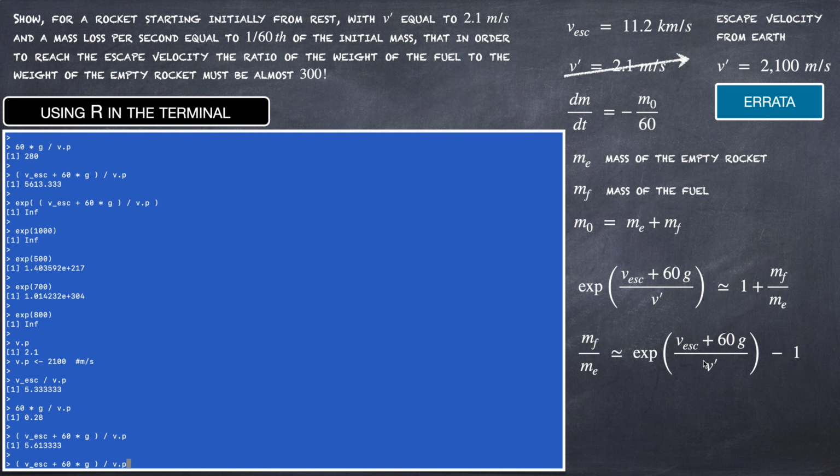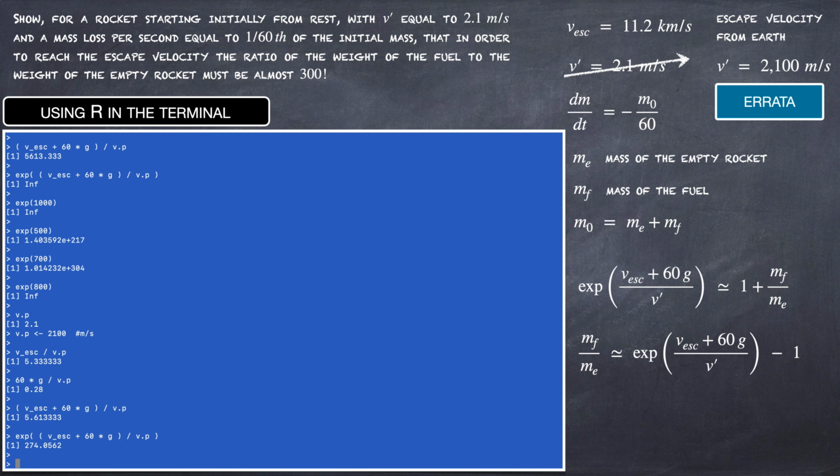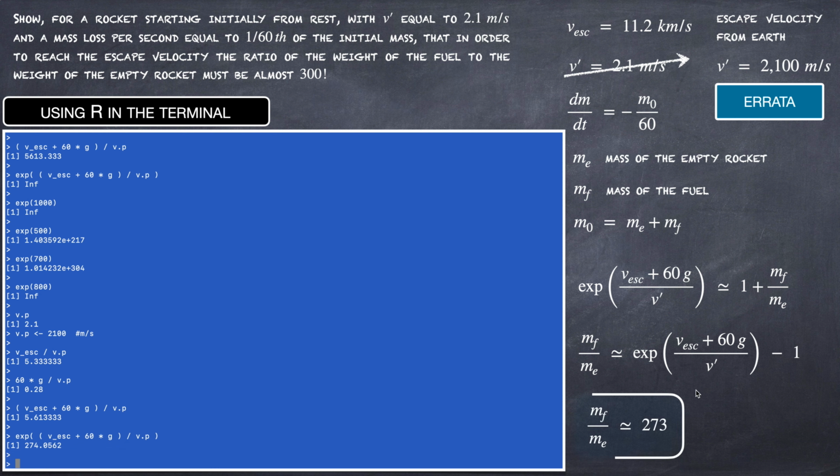This argument is 5.6, and the exponential of that is 274. So that's why I mentioned that perhaps this term here is negligible, because we do have here that mf over me is approximately equal to 274 subtracted by 1. So this is approximately 273. And, of course, this is almost 300.